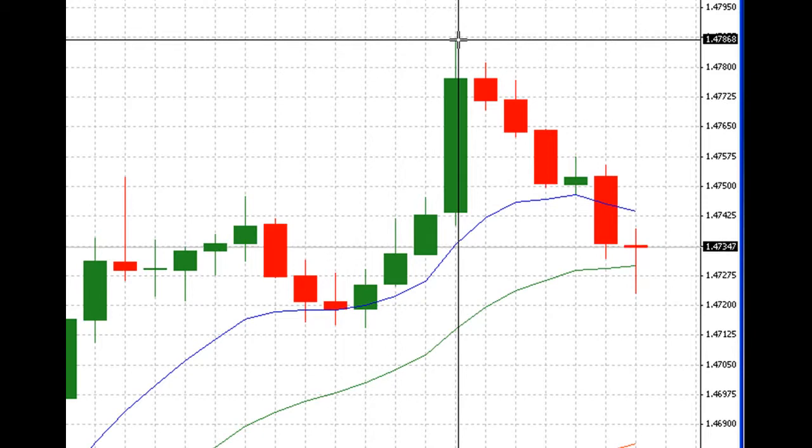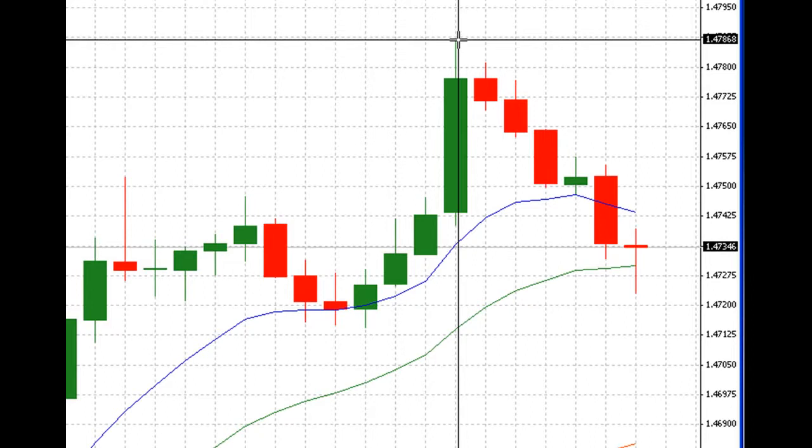So what we need to do is take that price and work out the exact level that we need to put our entry order at. So the difference between point A and point B, so 1.4786 and 1.4714, is 72 pips.